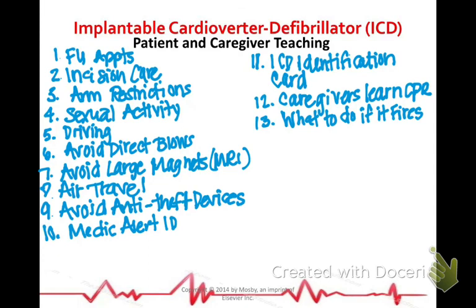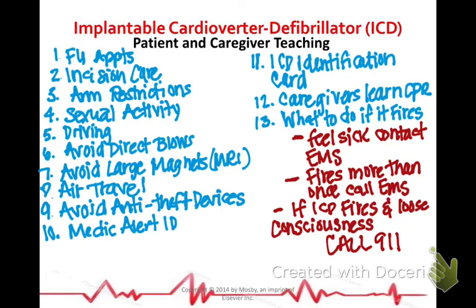The thing with this is caregivers need to learn CPR because they're getting it for a known reason, and what to do if it fires. So the family needs to know. If it fires and they feel sick, they need to contact EMS.